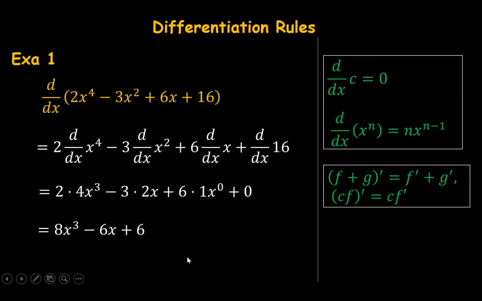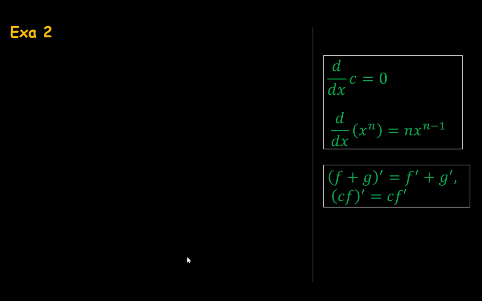Let's look at a few more examples, some very basic examples here. If you take the derivative of 1 over x, although this looks like a quotient, it's better to turn this into a power. 1 over x is the same as x to the minus 1.